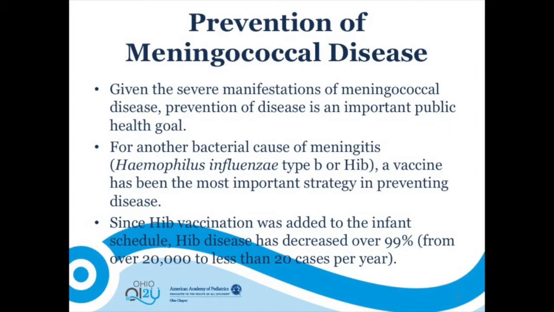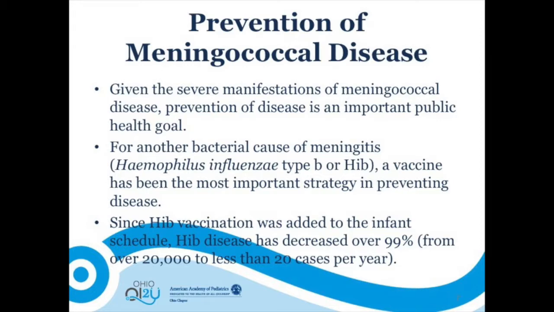So given the severe manifestations of meningococcal disease, prevention is an important public health goal. And by preventing disease, we're also preventing death and long-term complications in survivors. Looking at another example with another cause of bacterial meningitis, Haemophilus influenzae type B, or Hib, a vaccine was the most important strategy in preventing disease.